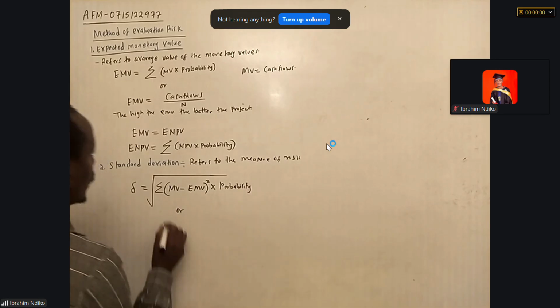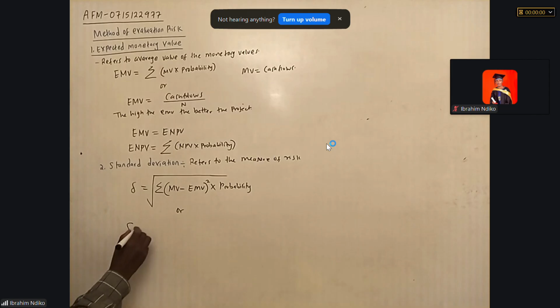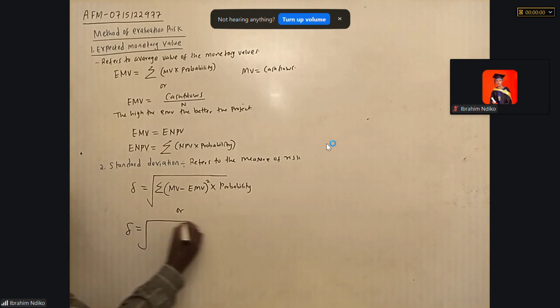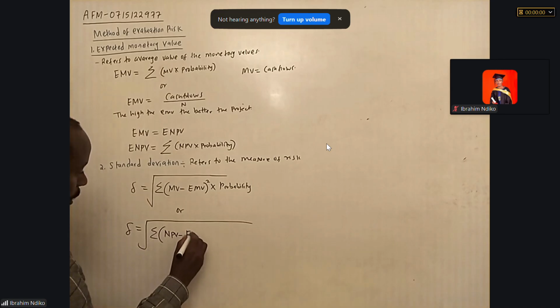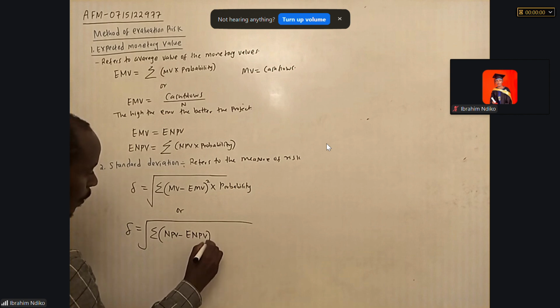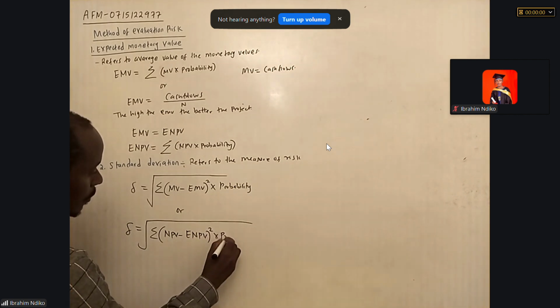Or if you're using NPV, the summation of NPV minus expected NPV squared times probability.